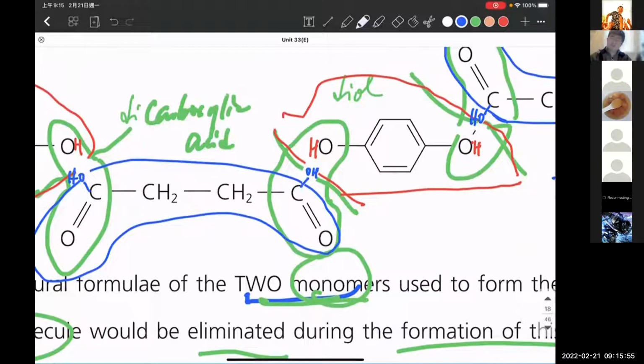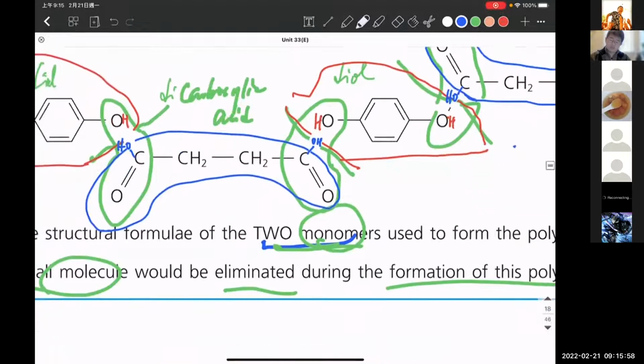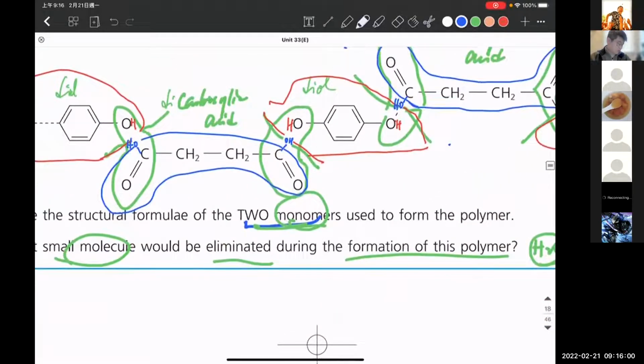Indeed, it seems like a change in the position, right? We've got two very strange monomers. This one is quite different from what we usually see. But this one is the diol.